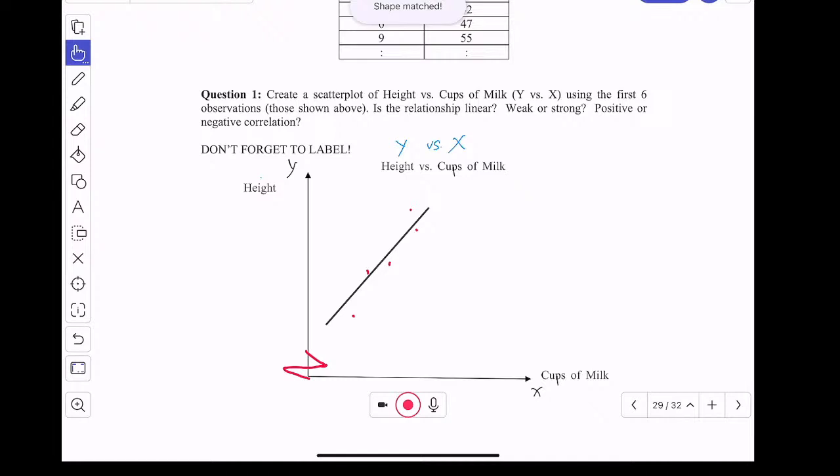So can we use a line in place of those points or those pairs of observations? Can we use a line in a way that we can predict values that aren't there? So for this value of x, I could predict y. That's the goal. So it does look like there's a slight linear relationship.